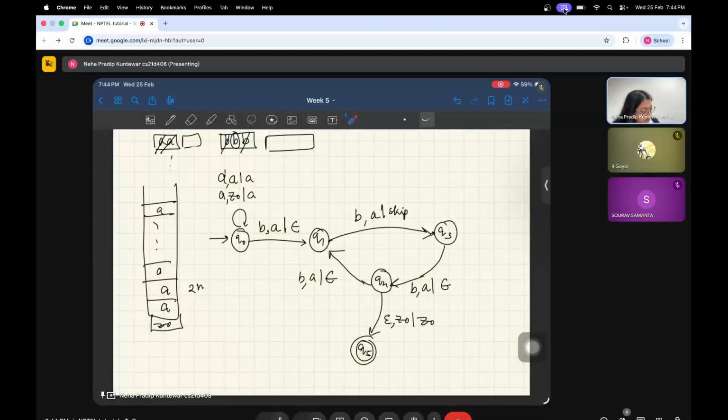This same thing could keep on happening over and over again, so this loop is going to take care of that. One copy of B we are skipping and two of them we are popping off. And in the end, if the count matches, then we will go to the final state Q5 and accept.